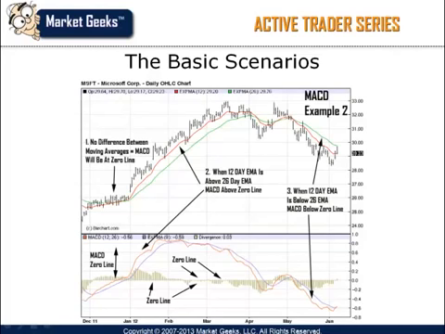Since the MACD is the difference between the two EMAs, when the 12-bar EMA is above the 26-bar EMA, a positive number is produced. The MACD will be above the zero line. Third, when the fast 12-bar EMA is below the 26-bar EMA, the difference between the two will be negative and will cause the MACD to move below the zero line. You can see each of these three scenarios in this example.